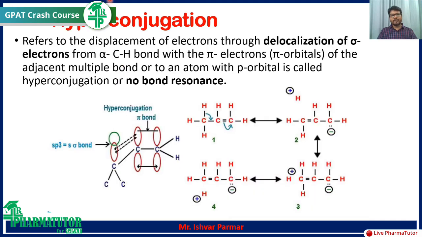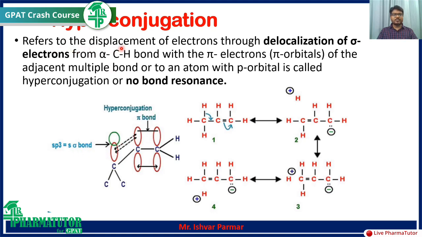Now hyperconjugation. Actually, it is similar to the conjugative effect like the resonance effect, but in the resonance effect there is an overlapping of the pi bond system, whereas here there is an overlapping of this sigma bond and this pi bond.